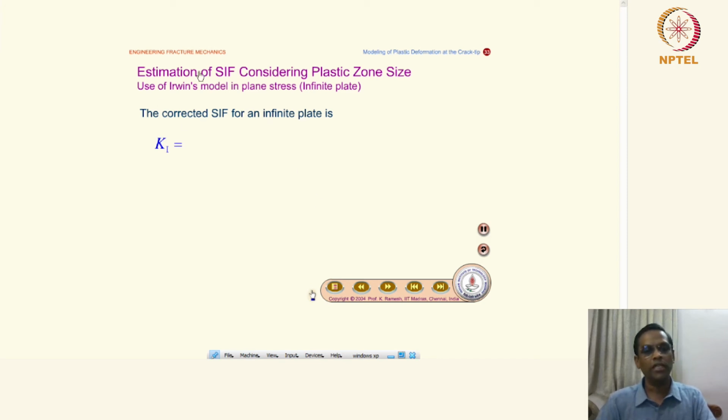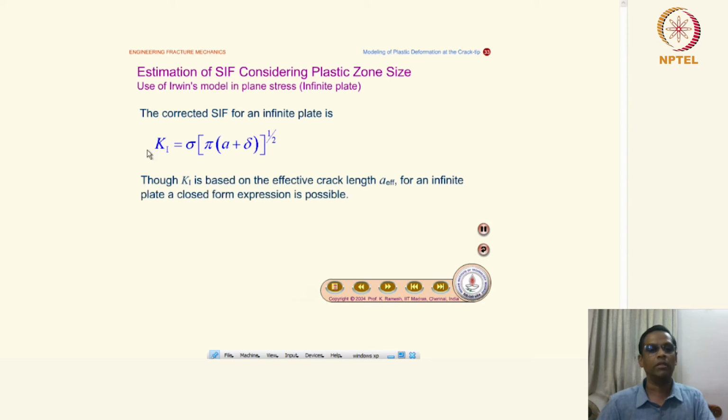So how do we estimate the stress intensity factor considering the plastic zone size? Using Irwin's model, especially in the plane stress condition, the corrected stress intensity factor of an infinite plate is given by this: K1 is equal to sigma into (pi into (a plus delta)) to the power half. Though K1 is based on the effective crack length a effective, for an infinite plate a closed form expression is possible as given by this model.